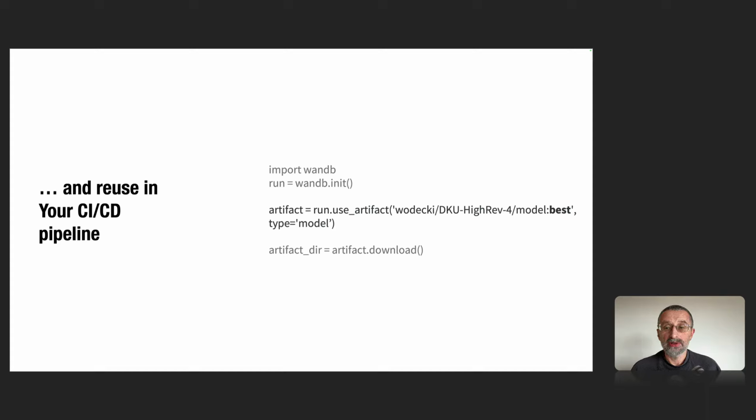Then you can automatically use this line, which looks like that, to pull the best model from all the trainings which are made during the night, for example. So we can use it automatically in your continuous integration, continuous deployment pipeline.